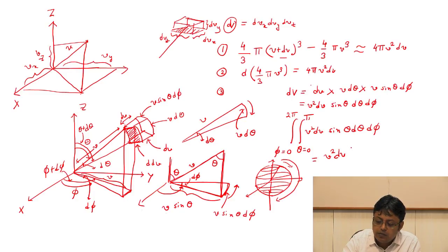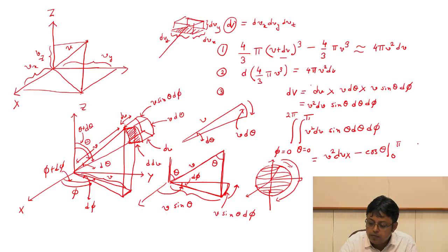And then integration over sine theta d theta is basically minus cos theta, evaluated between the limits 0 and pi, not 2 pi.